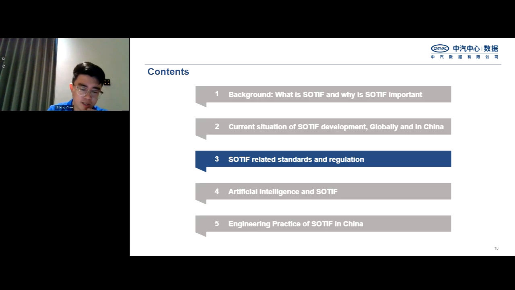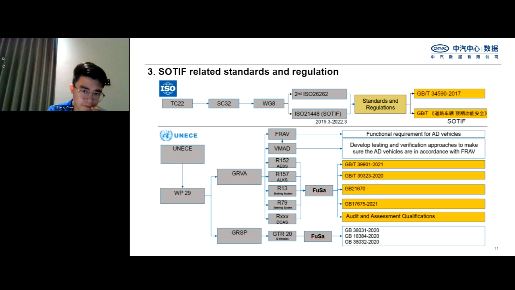Next, I would like to talk about the standards and regulations specifically related to SOTIF, including the most important reference in this area, ISO 21448. On the top, we can see the ISO standard working group, which is the working group for both functional safety and SOTIF. On the top right are the standards in China.